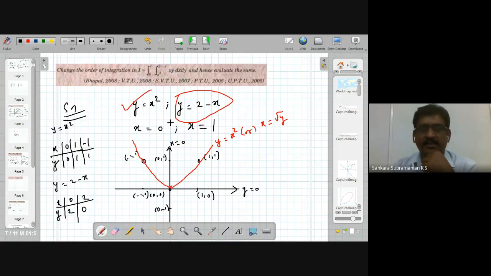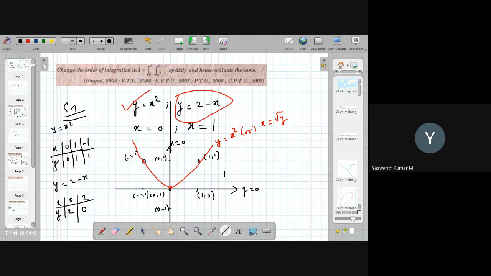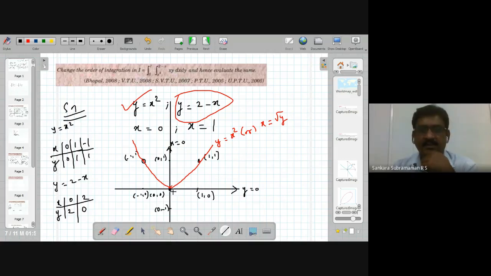0,2 goes here. Okay, so we plot it. 4 units up, 1 2 3, I think this is 0,2.